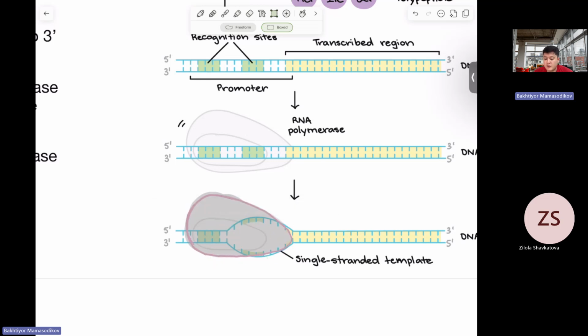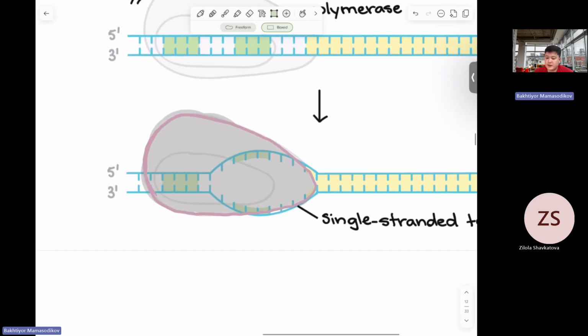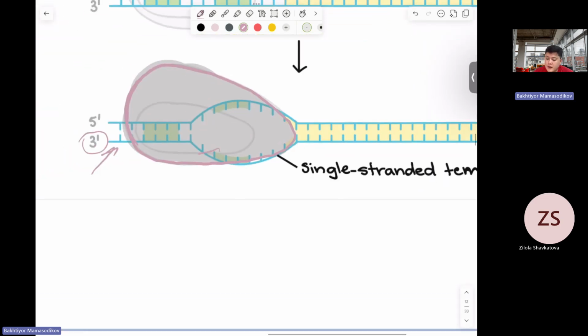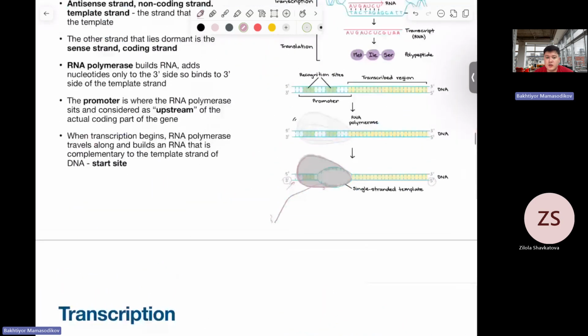It uses only the template strand. Template strand, never ever forget, is always starting with 3' and ending in the 5', okay? And the synthesized messenger RNA from it is always starting from 5' and ending in the 3'. Good? Any questions so far?